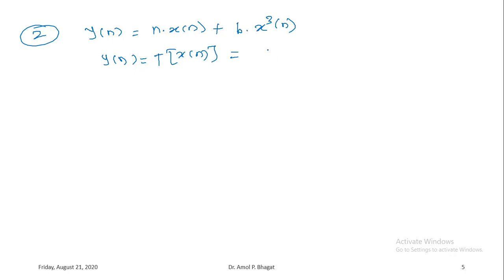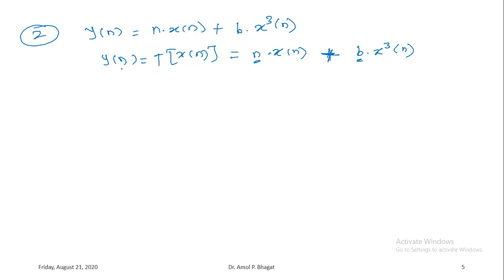How is this output generated? The input is multiplied with a variable, small n, that is the discrete time variable, plus the cube of the input, x cube of n, is identified and multiplied with a constant, scaled with constant small b, and then these two terms are added. So how is this output identified?